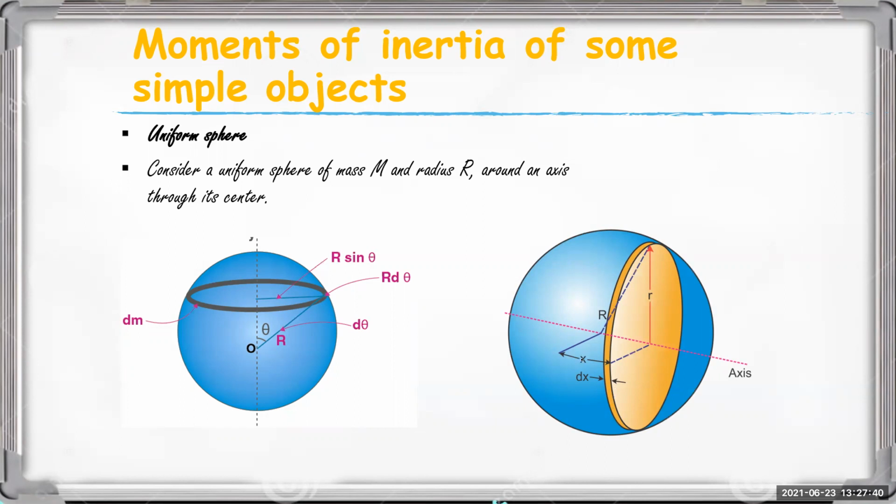Here we chose the axis in the direction of z, and this is dz. Okay, this is z.